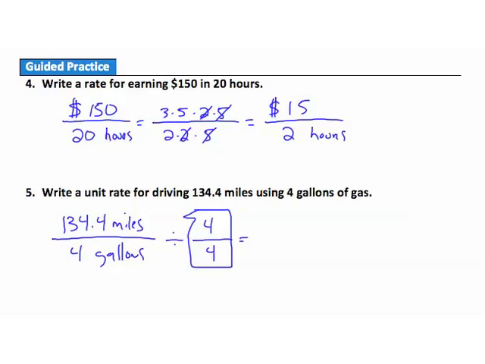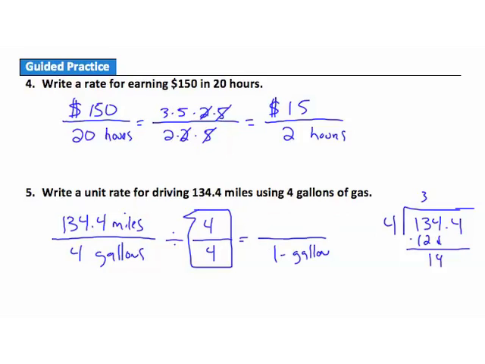Okay? The denominator is easy. 4 gallons divided by 4, that gives us 1 gallon, exactly what we want to have in the denominator. Now we'll have to do some scratch work for 4 into 134.4. So 4 is going into 134.4. Let's see. 4 goes into 13 3 times. It's 12. Subtract, we get 1.